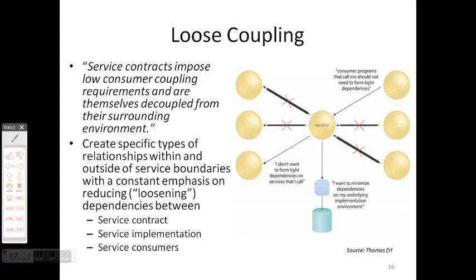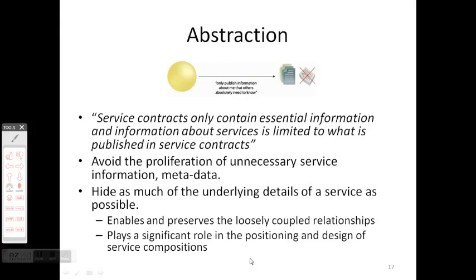So no two services should be coupled together. That means they should not depend on each other for their existence. That's why we say every service has to be a simple unit of operation depending only on itself.